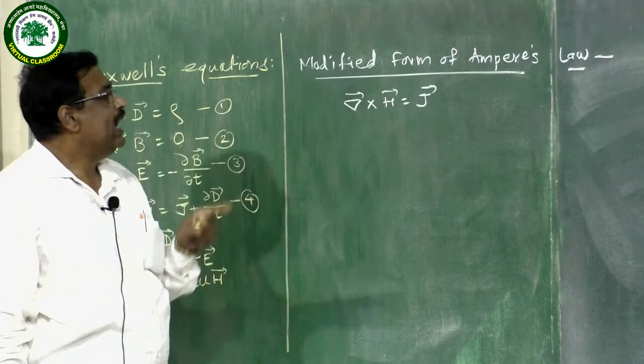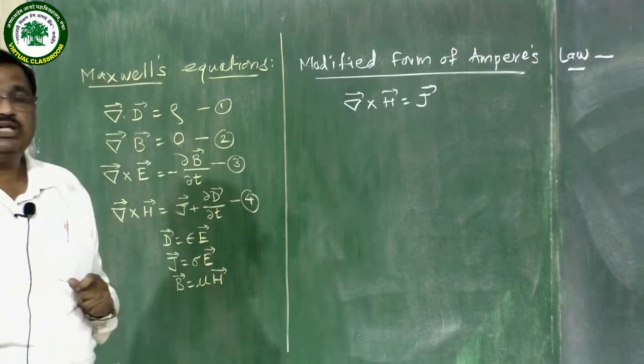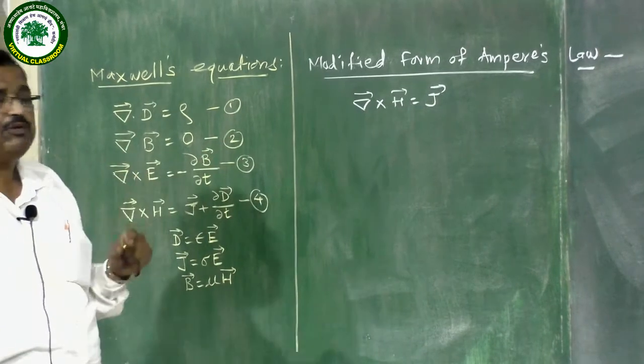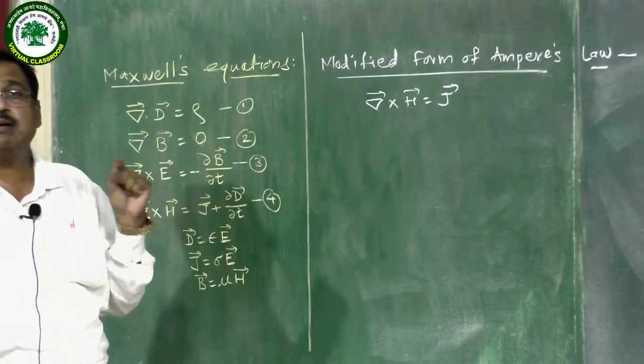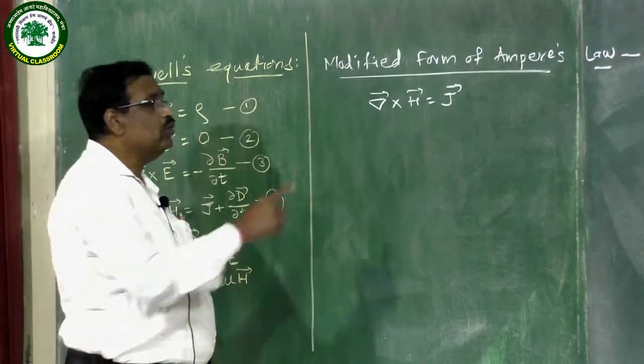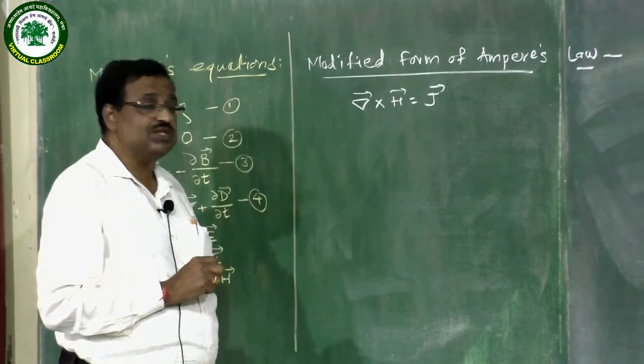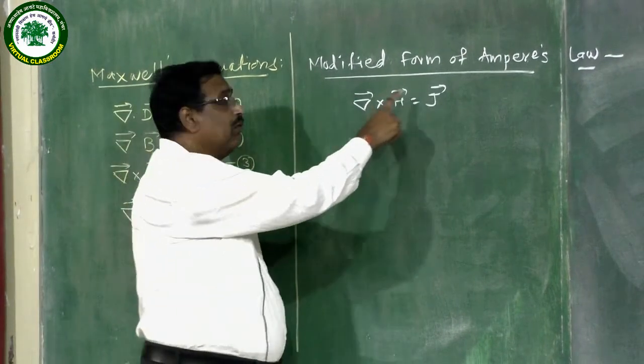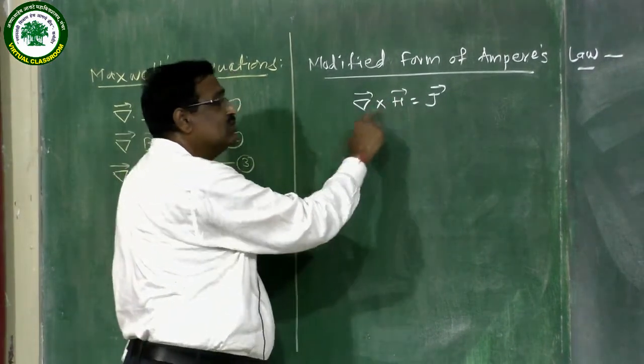Now we have the equation of continuity, where divergence of J is equal to minus del rho upon del t. We want to apply it to this equation, so we take the divergence on both sides.